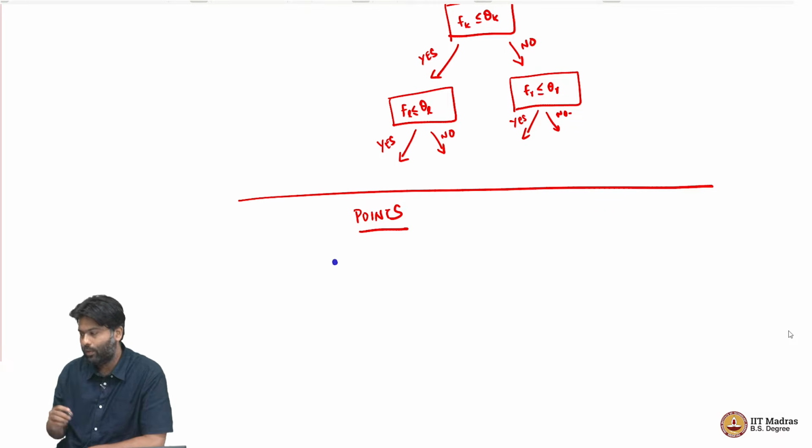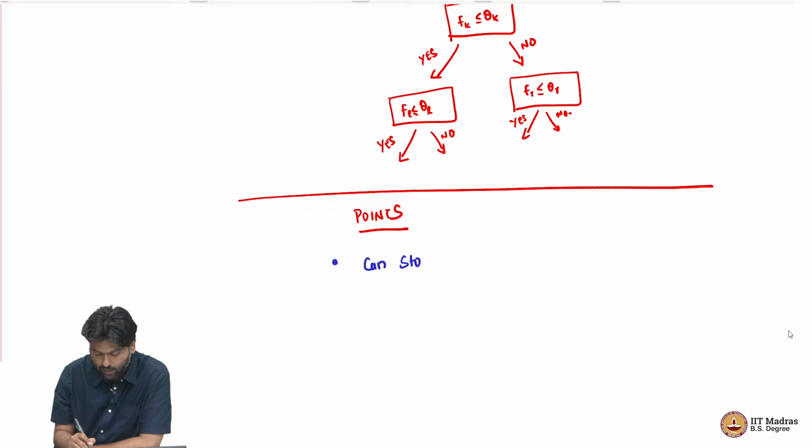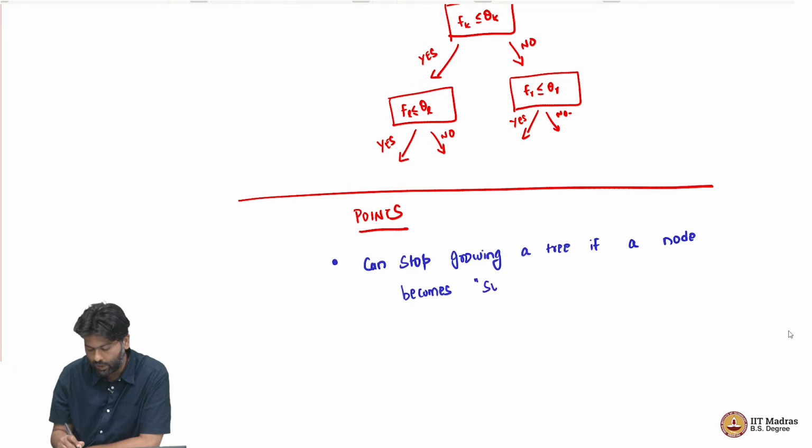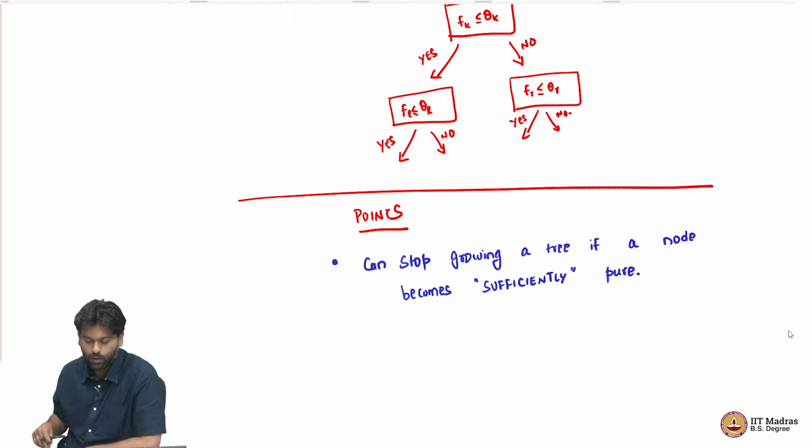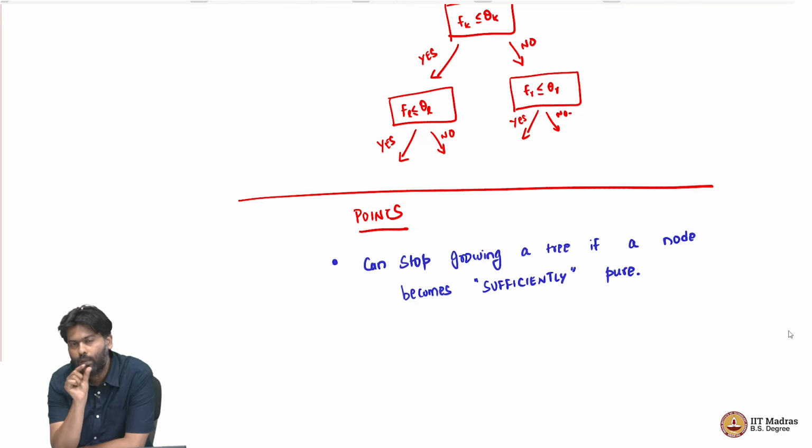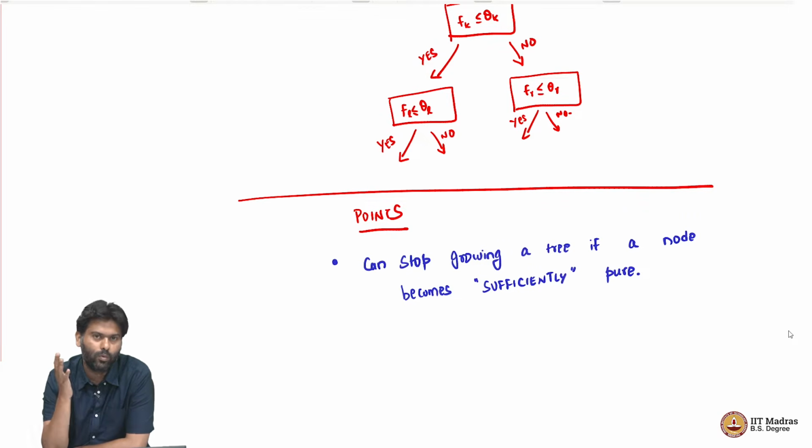The first point is, you can stop growing a tree if a node becomes sufficiently pure, by which I mean that let us say you do not want complete purity, but then if you keep asking this question, at some point your p is either too small, maybe it is between 0 and 0.1, or it is too large, between 0.9 and 1, which means that your fraction of ones is more than 90% or less than 10%, in which case you are kind of saying that I don't have to grow this tree further at this point.